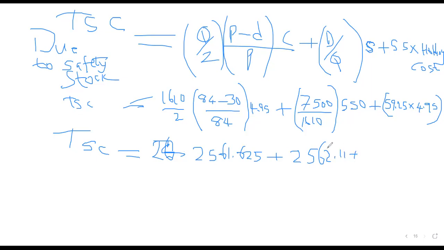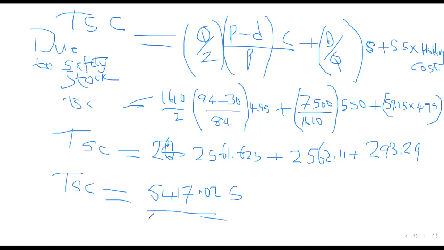The last one is 59.25 multiplied by 4.95, which is 293.29. Adding all these, 2561.625 plus 2562.11 plus 293.29, we get 5417.025. So this is our total stocking cost.